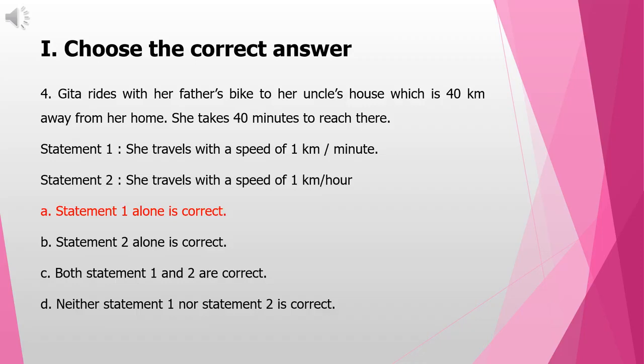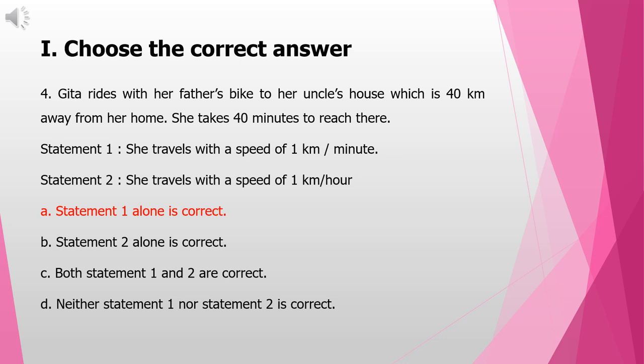In this question, Geeta rides with her father's bike with a distance of 40 km. Time taken is 40 minutes. Speed is distance per time.